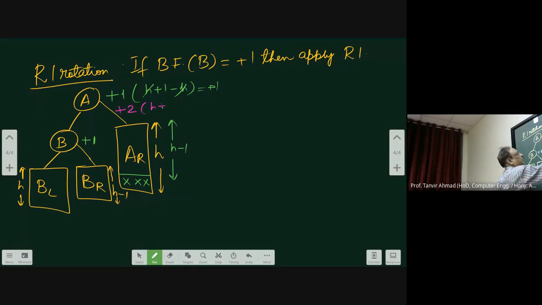Because h plus 1 minus h minus 1 will give you plus 2. Now check the balance factor of B. This is plus 1. Apply R1.